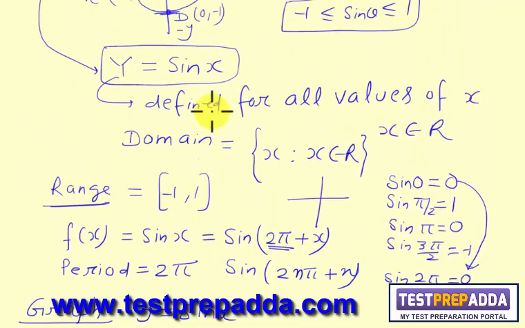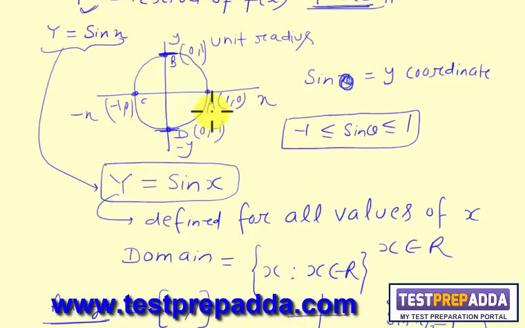Now, if you go back and check this unit circle, here you can easily say as the angle increases from 0 to pi by 2, since it's a y coordinate, the value increases from 0 to 1, and then from pi by 2 to pi, the value goes from 1 to 0, means decreases.